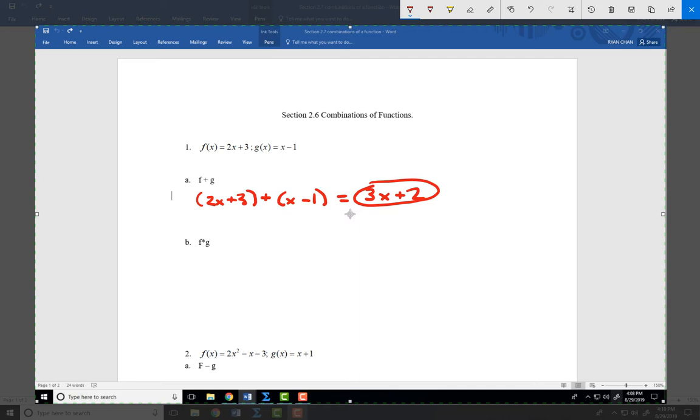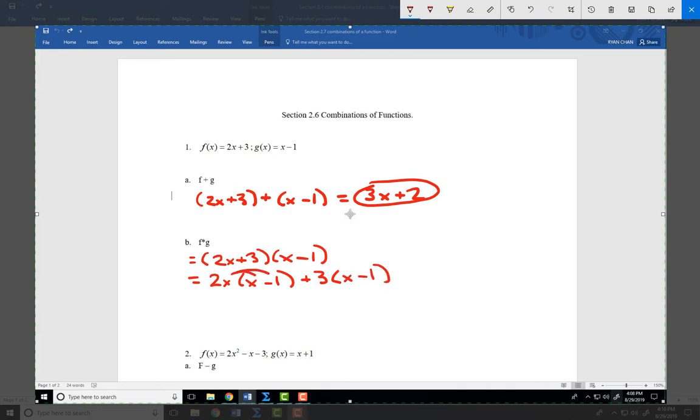If I'm being asked to do f times g, one of the things that can be a little bit difficult is you want to make sure you remember certain basic items. Notice I'm being asked to multiply two binomials. So remember that we will need to do a double distribution, or we'll FOIL, like this.